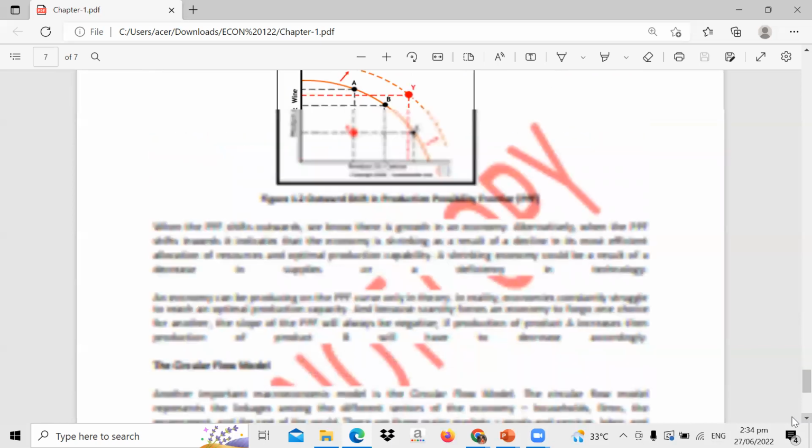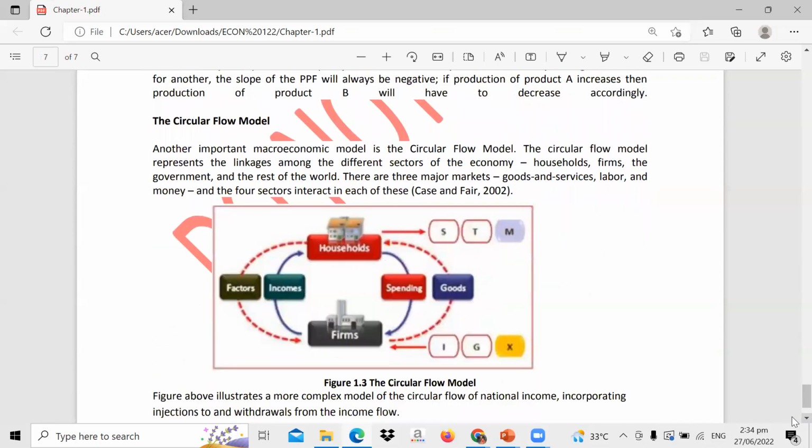So what should we produce and how should we produce those goods and services? So that's part of PPF. And for the circular flow of our economy, okay, you take a look at the circular flow model. It represents the linkages among the different sectors of the economy. Again, the household, firms, the government, and the rest of the world. So the three major markets here, you have the goods, services, labor, and money, and the four sectors that interact with each other.